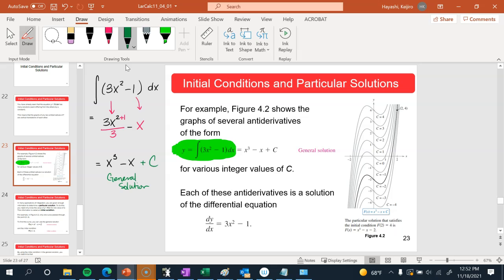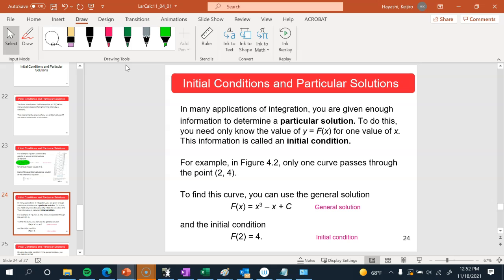Okay, but let's pretend that that's not all we care about, and in addition to this, we actually care that whatever integral you have, whenever you plug in 2 into it, you get 4.